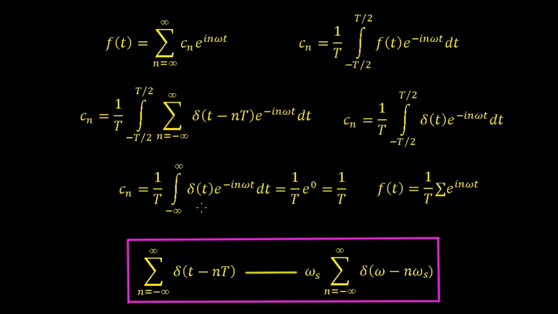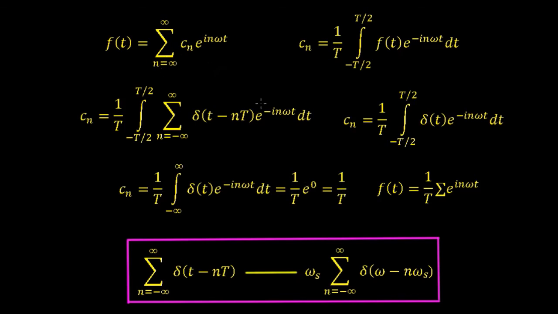We already know that the delta function is defined such that the integral from minus infinity to infinity of delta(t) dt is equal to 1. And it's only defined at t equals 0, so if we put t equals 0 in for the e to the minus i n omega t, we're simply left with 1 upon T times e to the 0, which is equal to 1 upon T.